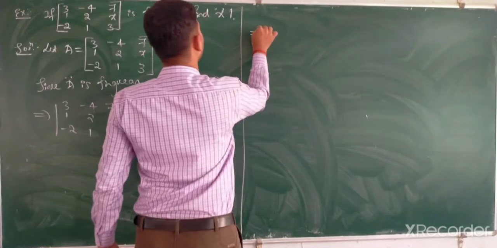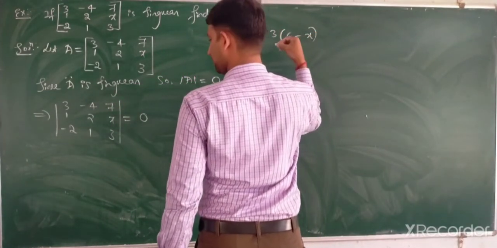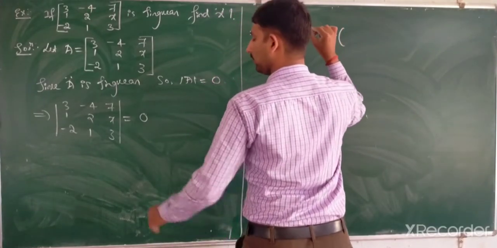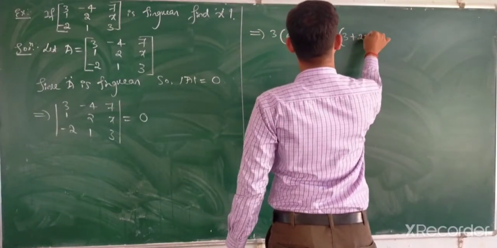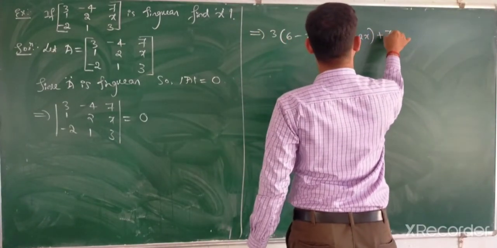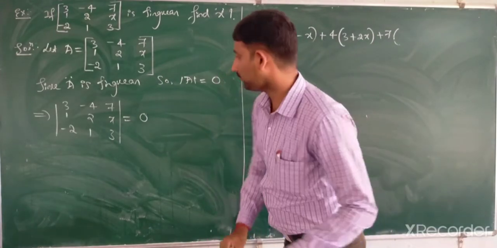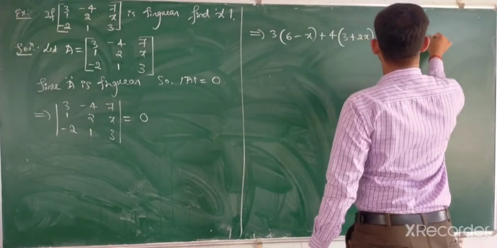Which implies 3 into 6 minus x, minus 1 into minus 12 minus 7, plus minus 2 into minus 4x minus 14.